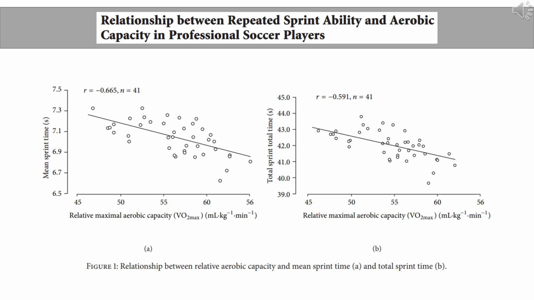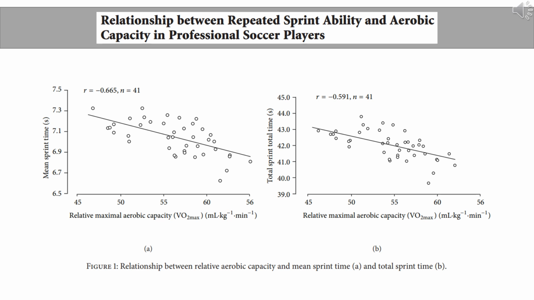So this figure has two graphs, as you can see, 1A and 1B. 1A is looking at the mean sprint time obtained from repeated sprint protocols in seconds and the association with relative VO2 max. And 1B is not looking at mean but total sprint time in seconds and its association with VO2 max.